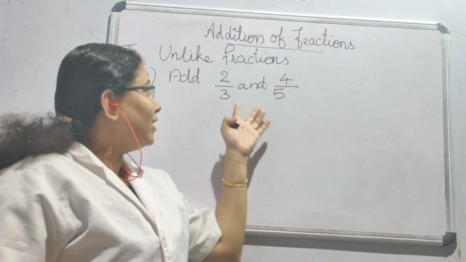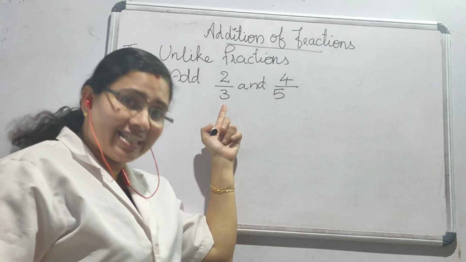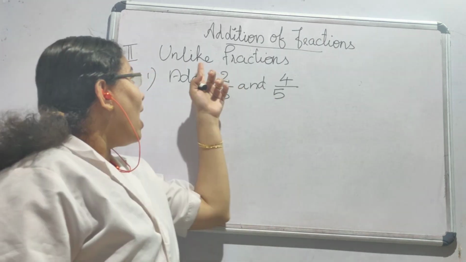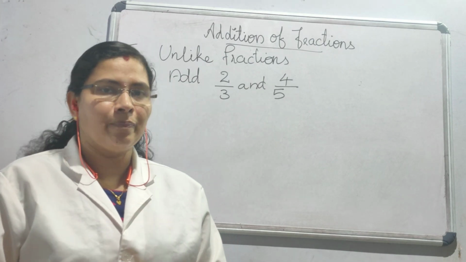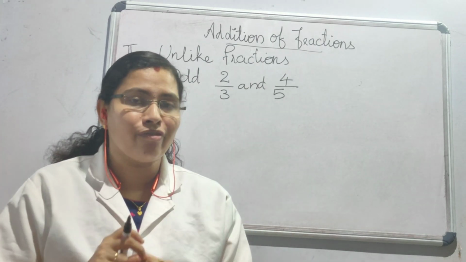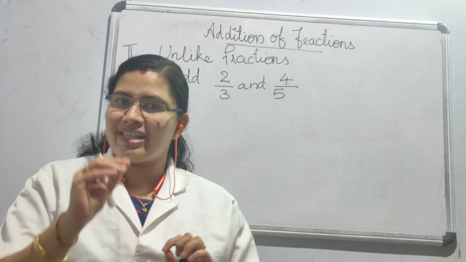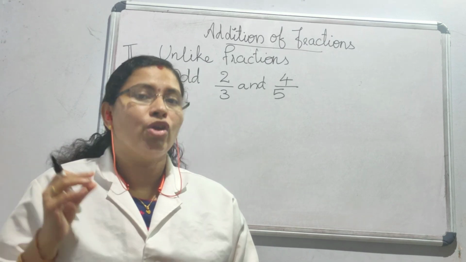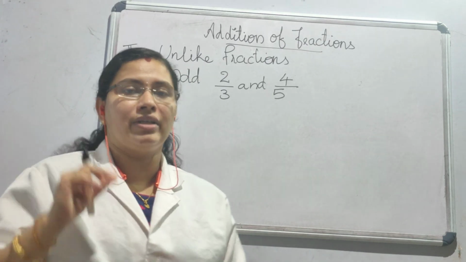As you all know, the denominators are different. Here the denominator is 3 and here the denominator is 5. So they are unlike fractions. So when you are having two unlike fractions, what will you do? You will be taking the LCM of the denominators.